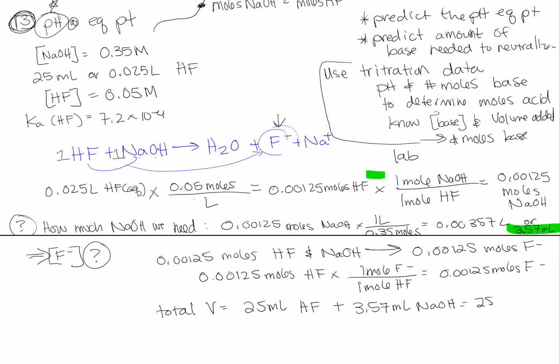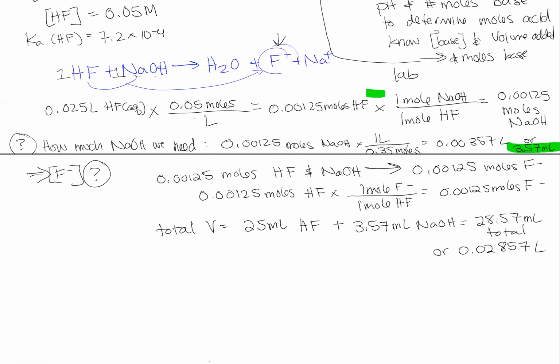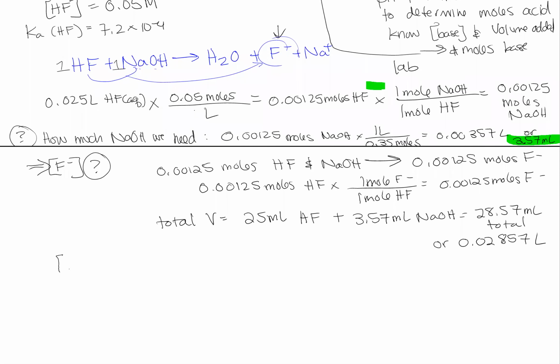That gives us 28.57 milliliters total, or 0.02857 liters. So that concentration of fluoride ion at the equivalence point will be equal to our moles divided by our total volume in terms of liters.